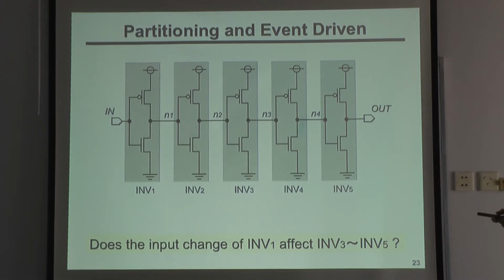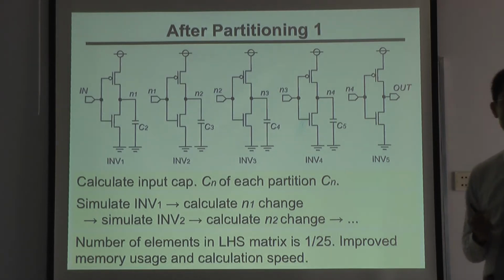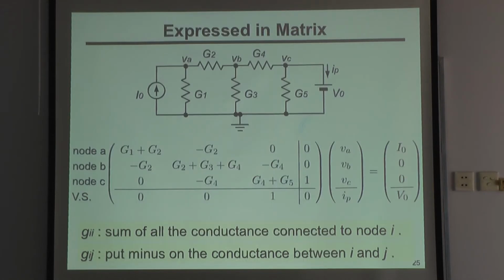But in this case, the element count is only 3, so we have only a 3 by 3 matrix. So it is easy and fast to solve the matrix. That includes memory usage as well as calculation speed. The matrix size is drastically smaller.